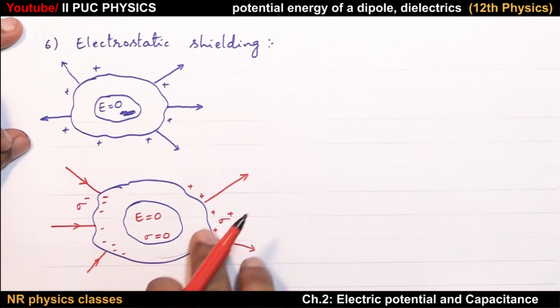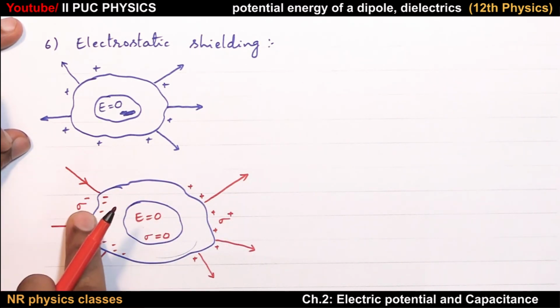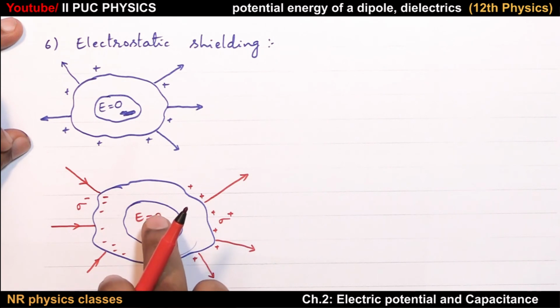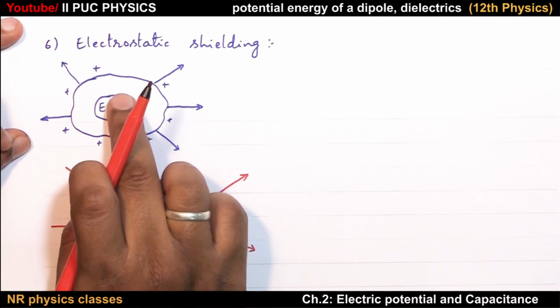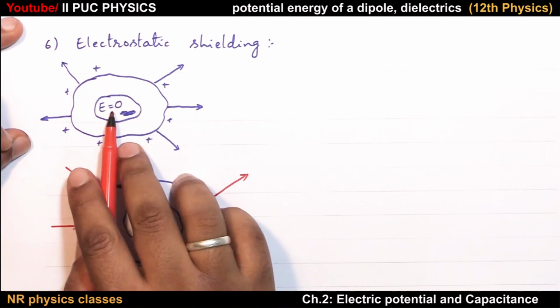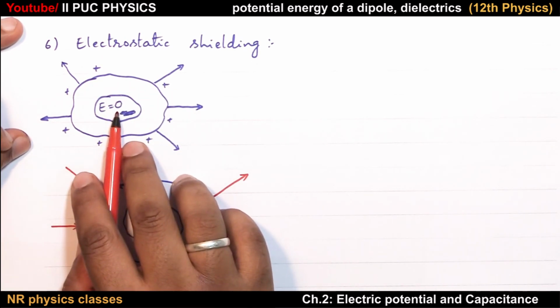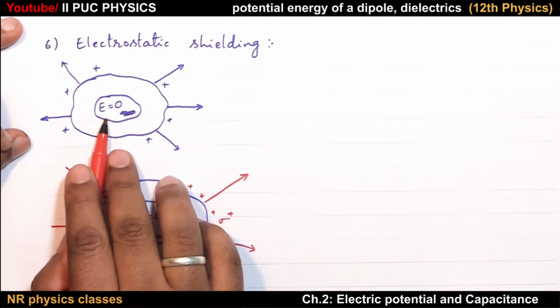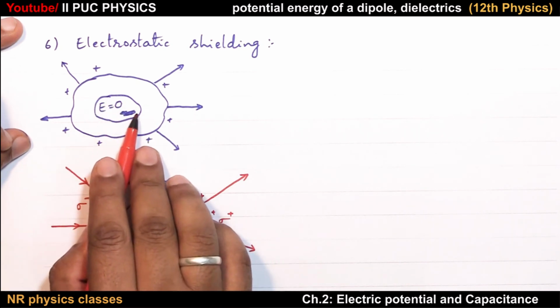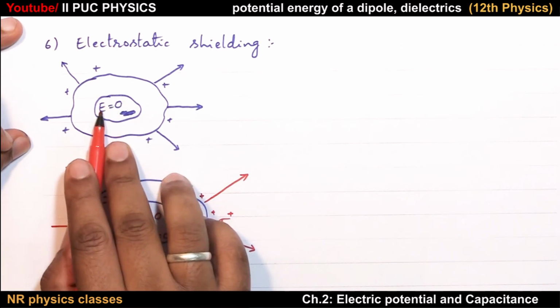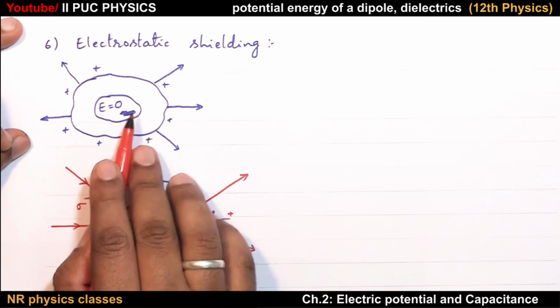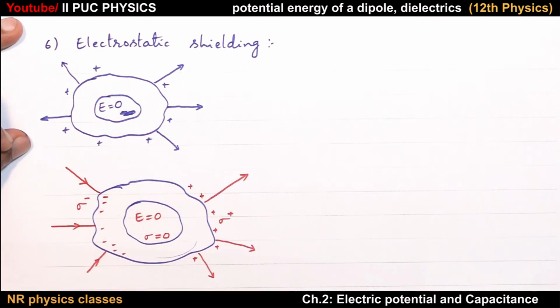If the conductor is neutral and an electric field is applied, then also the electric field inside the cavity is 0. If the conductor is charged and there is a cavity, then the electric field inside the cavity is 0. So this region is free from electric field, meaning this region is safe for materials which are sensitive to electric field. So this is called electrostatic shielding.